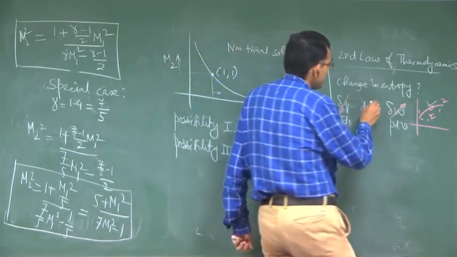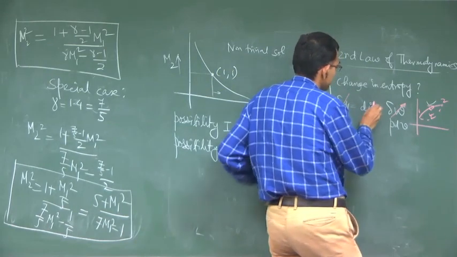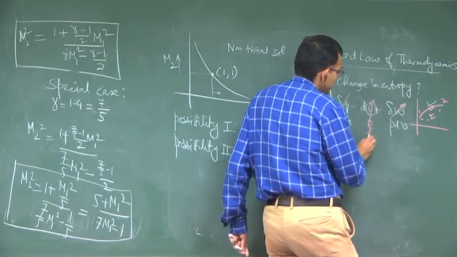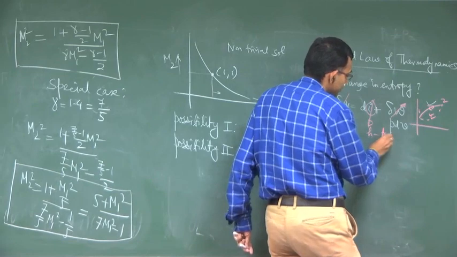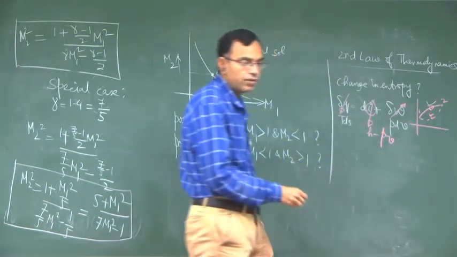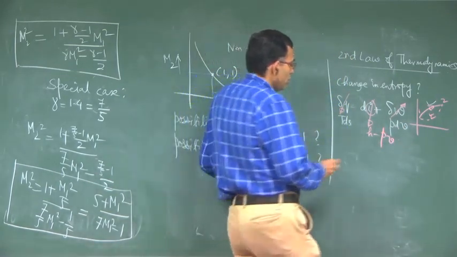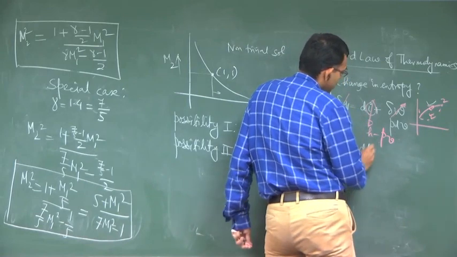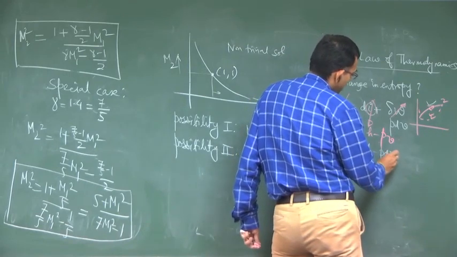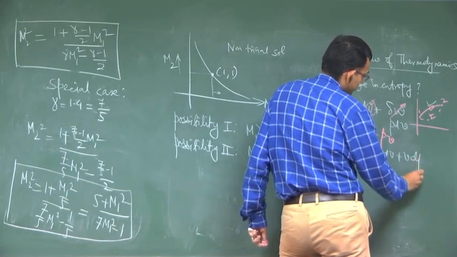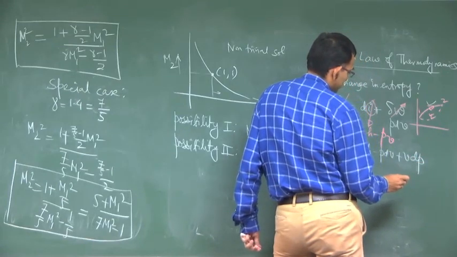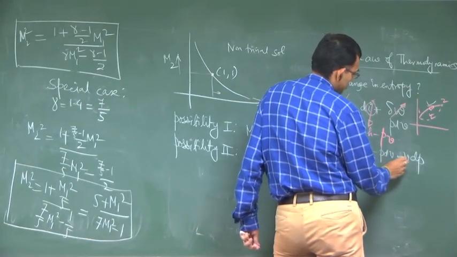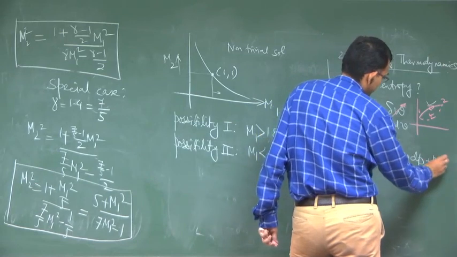And internal energy is enthalpy minus pressure into specific volume. So, this becomes dH minus PdV minus VdP plus PdV.